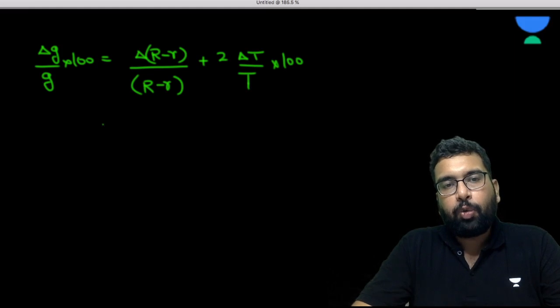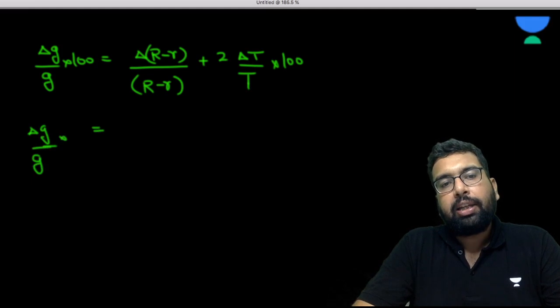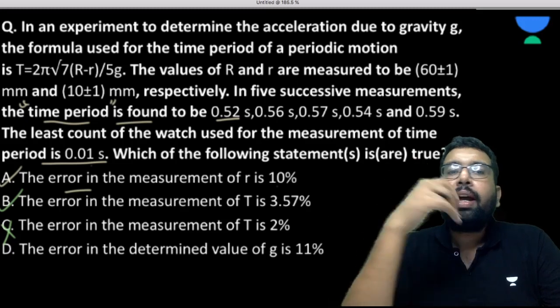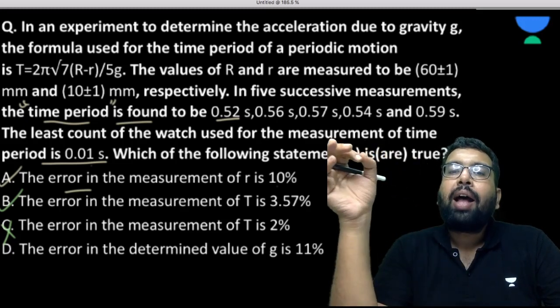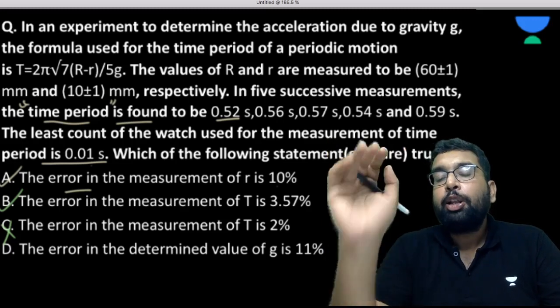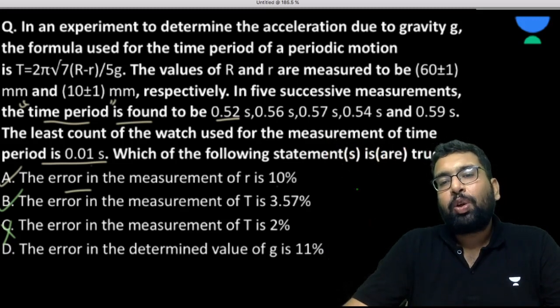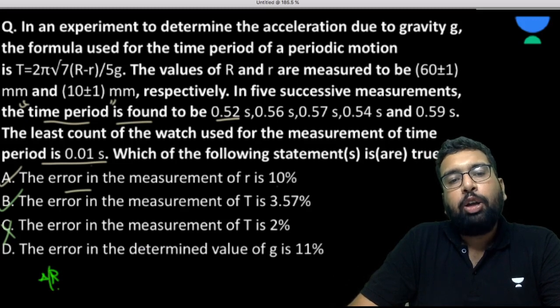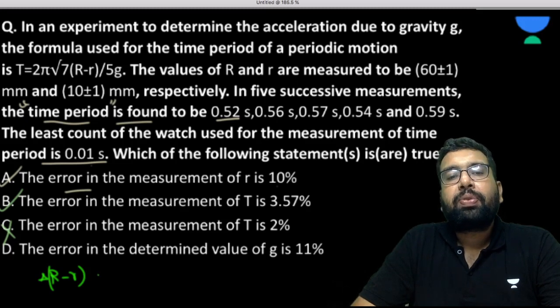Now what is going to be this delta of (R minus r) by (R minus r)? Let's see in the question. In the question, guys, we are given that the values of R and r are 60 plus minus 1 and 10 plus minus 1. Now they are subtracted. So what is delta of (R minus r)? See, whenever two quantities are subtracted, even then their errors are added.